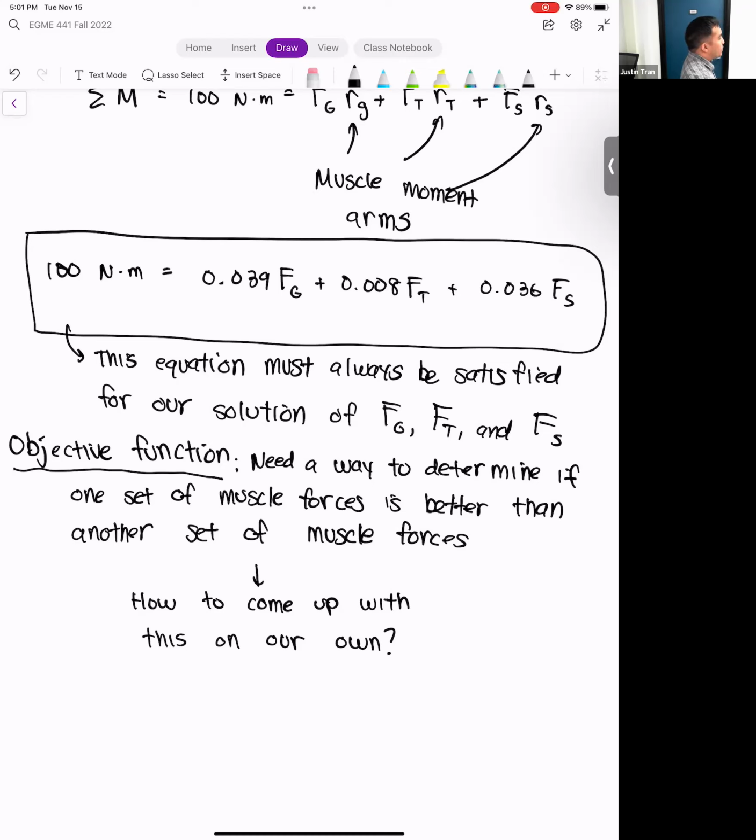Right. And so how can we come up with this on our own? Well, it depends what we want to optimize, right? So really, you have to kind of decide, what's kind of the most important in our solution, and how can we kind of encapsulate that into a mathematical function.